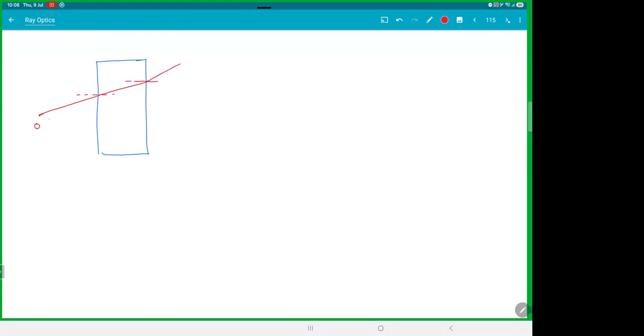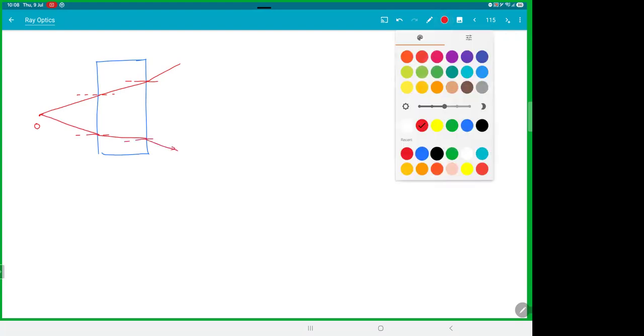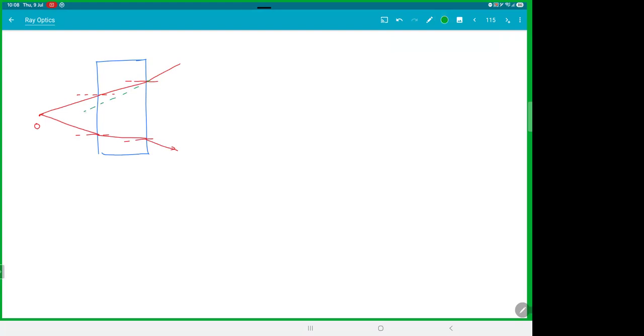So when you extend them backward, it will feel the light rays are coming from here. So this is your O dash. This is the shift. So O dash is given by T into 1 minus mu medium by mu slab.